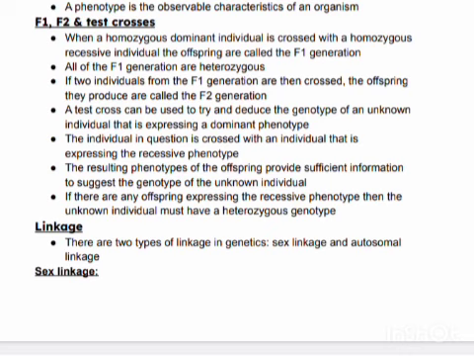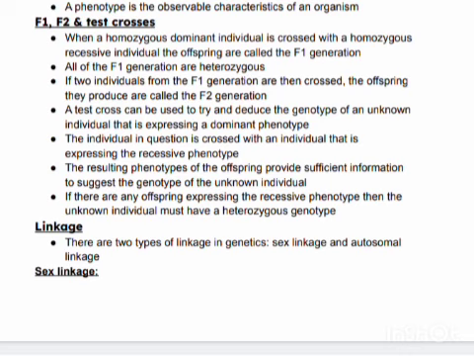We use a test cross to identify an unknown genotype by crossing the individual with the unknown genotype with an individual that is expressing the recessive phenotype.